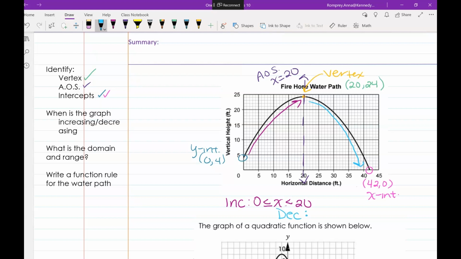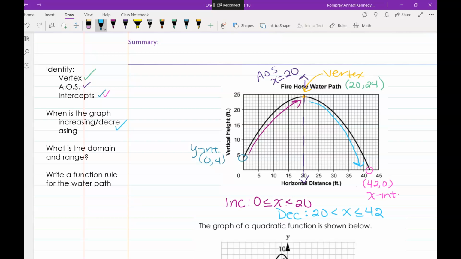Okay, again, 20 is that pivot point, so it can't be equal to, but 42 is only in the decreasing, so it can be included. So x is less than or equal to 42 or greater than 20, and that is where we are decreasing. Perfect. Increasing and decreasing. Check.